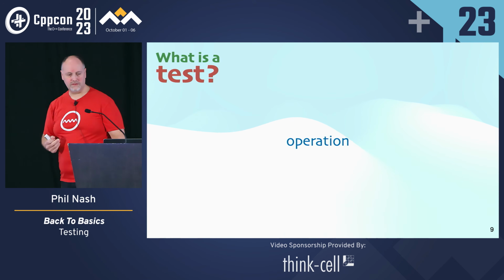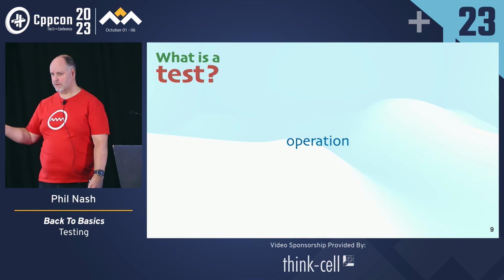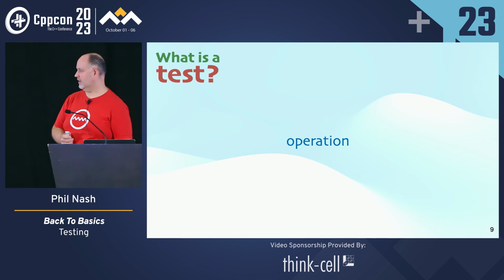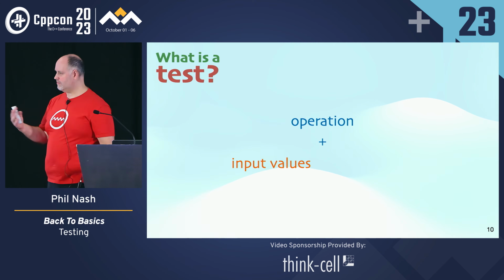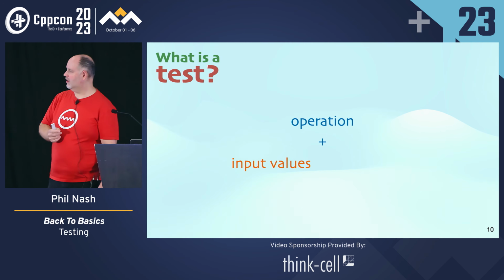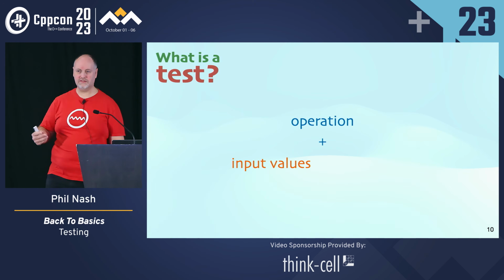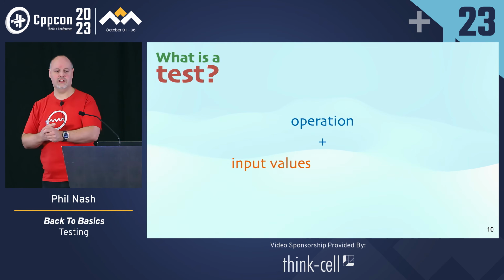But basically we start with an operation, usually calling a function, member function, accessing a variable, that sort of thing. That's the operation. There may be input values going into that. If it's a function, the arguments. If it's a member function, there may also be some additional state in the class. That's all part of the input values. Even global variables, they're considered part of the input values.